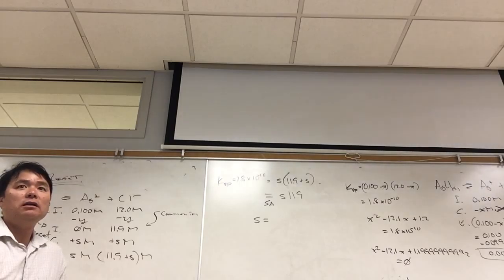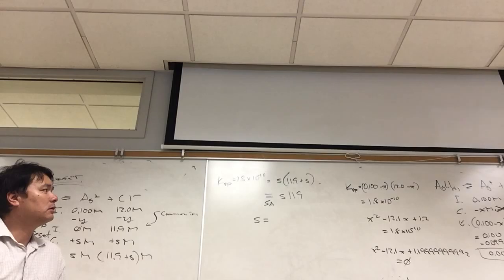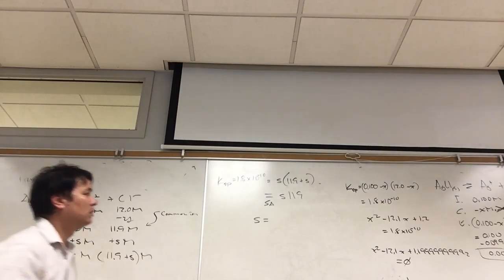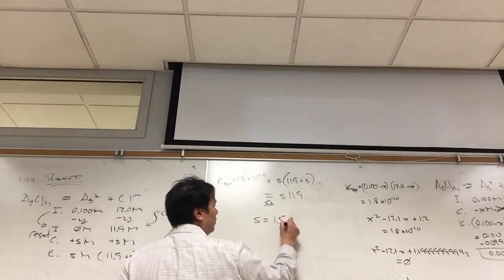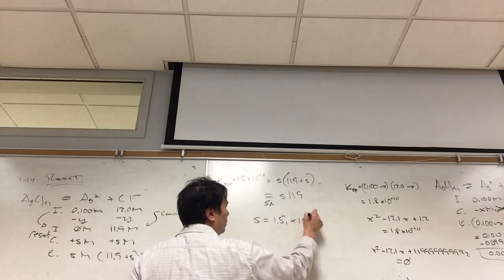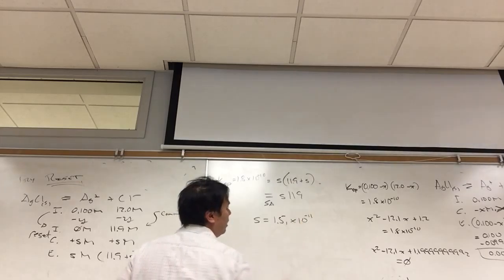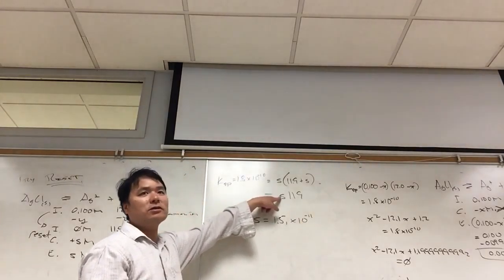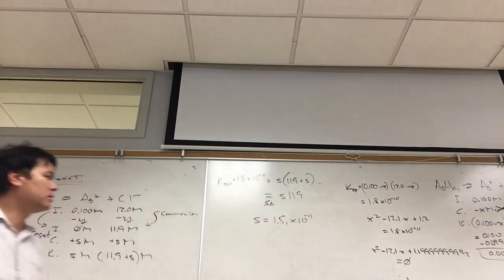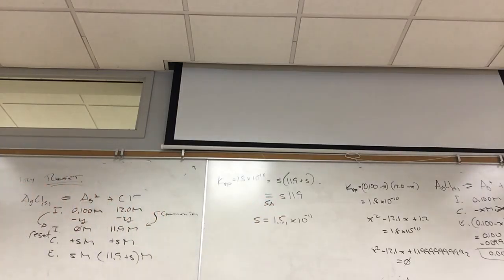Oh, I used the other solver. Oh, did you? Yeah, I know, 1.5. Okay. That's times 10 to the negative 11. Now this would have given us the same answer, the simplifying assumption versus this, because K is so small. All right, so this comes out to 1.51 times 10 to the minus 11 molar.